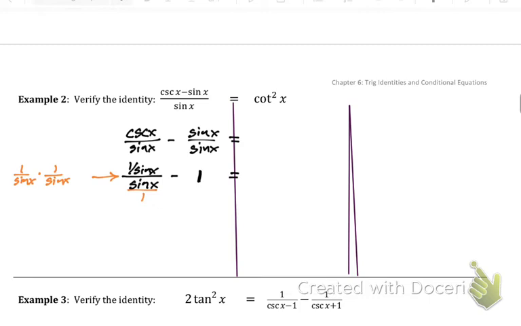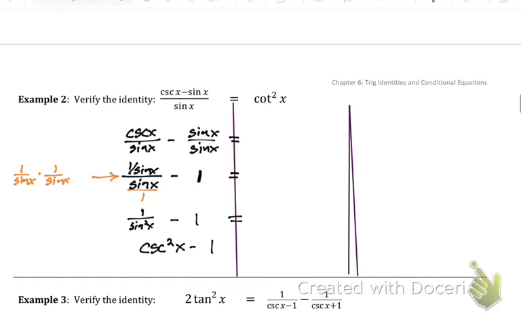So now we have 1 over sine times 1 over sine, which equals 1 over sine squared, minus 1. Well, 1 over sine squared is just cosecant squared x minus 1.